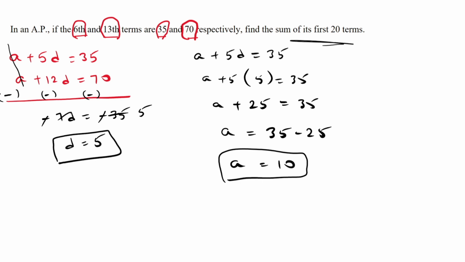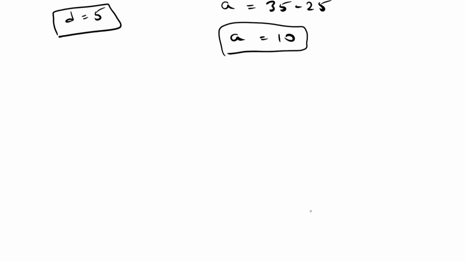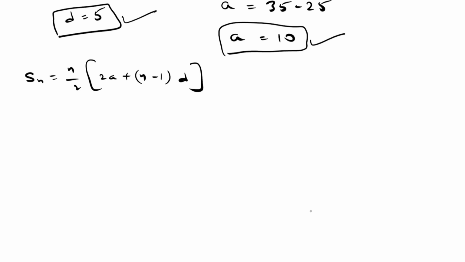So first let us write the formula for the sum of n terms. The formula is Sn equals n by 2 into (2a plus (n minus 1) into d). For this, first we need the a value, that is the first term, which we have, and we need the common difference, the d value, which we also have.